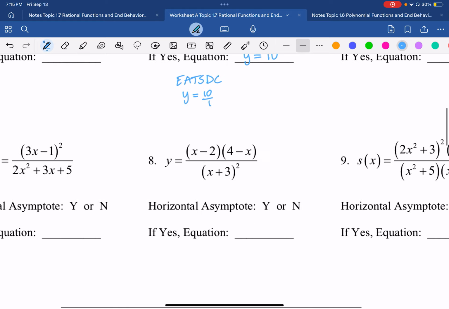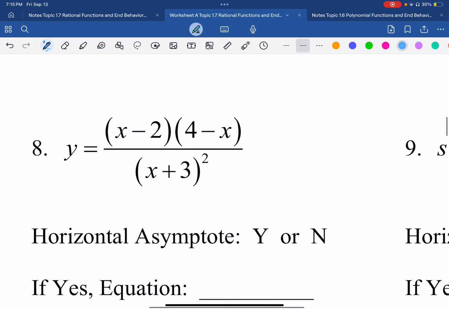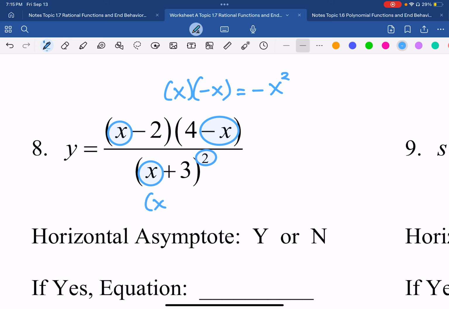Okay, let's try another one. In x minus 2, the leading term would be x. And in the second factor, negative x would be the leading term. Make sure that you take the negative with you. In the denominator, we have x, and this one is being squared. So this gives me x times negative x, which is negative x squared. And here we have x times x, which is x squared.